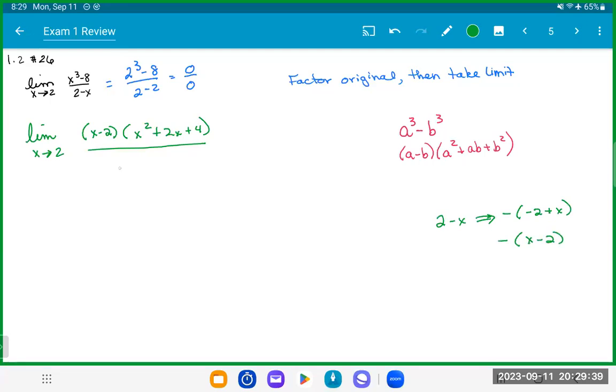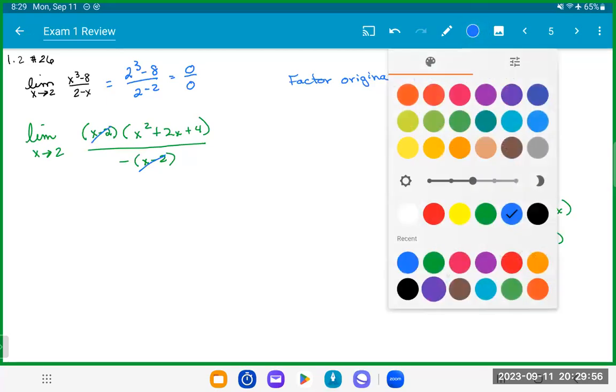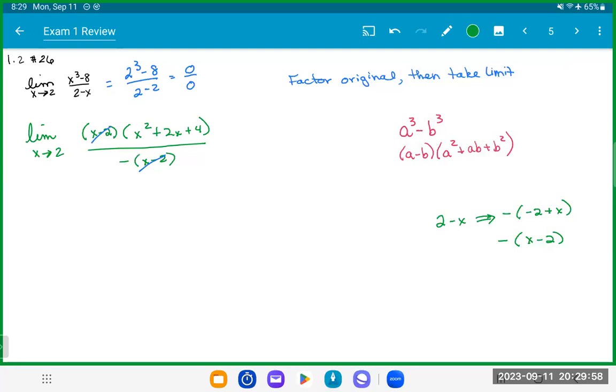Okay. And the reason we want to do it in that form is so that we can cancel the x minus 2 in the numerator with the x minus 2 in the denominator. So that leaves us with the limit as x approaches 2 of negative x squared plus 2x plus 4.